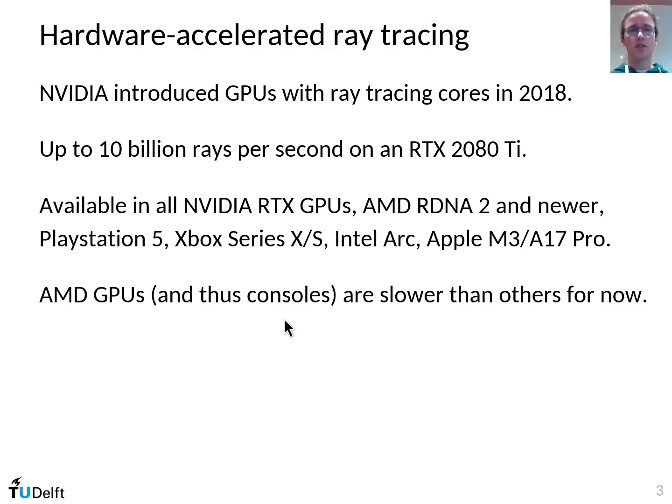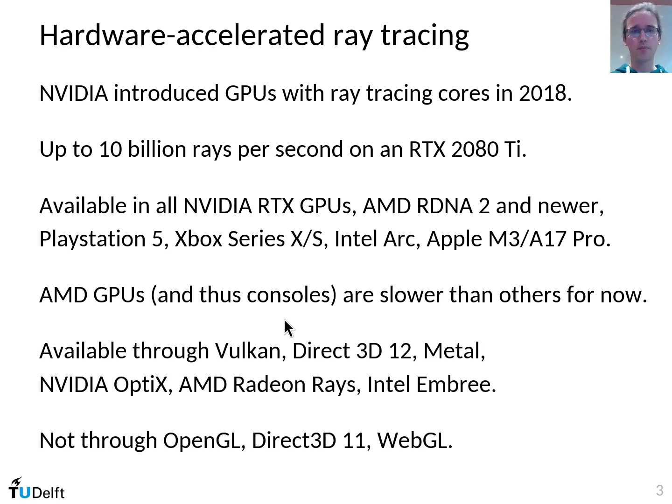However, it should be noted that the current implementation in AMD GPUs and thus in the consoles is a bit slower than in the other hardware listed here. In terms of API support, you can use this hardware-accelerated ray tracing if you're using Vulkan, Direct3D12 or Metal.